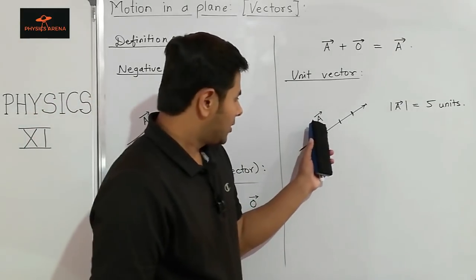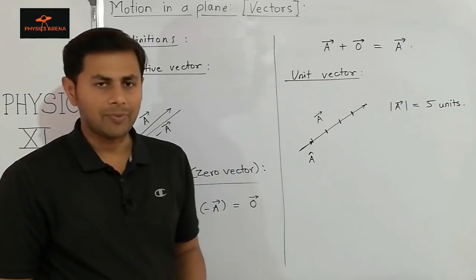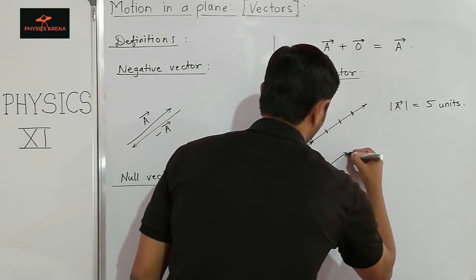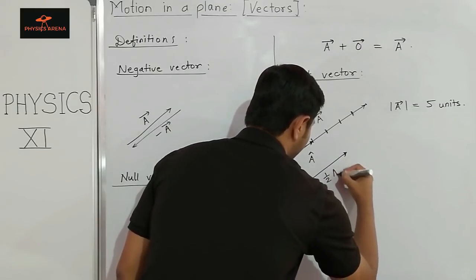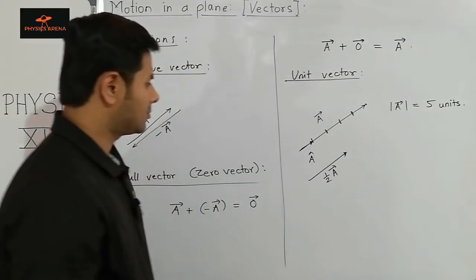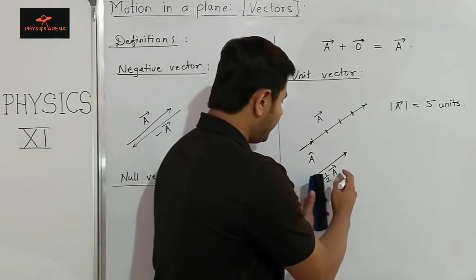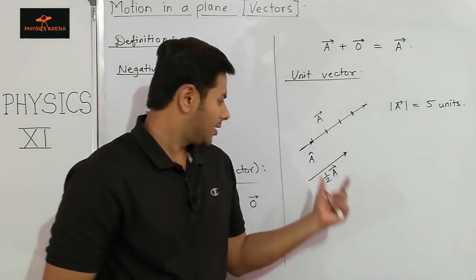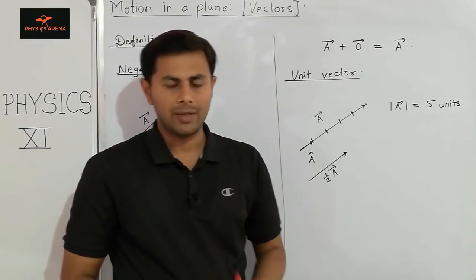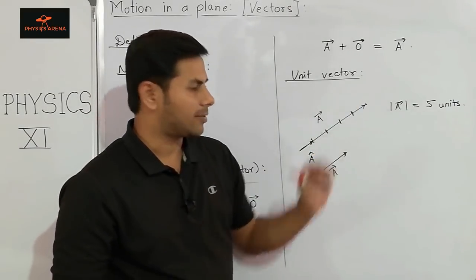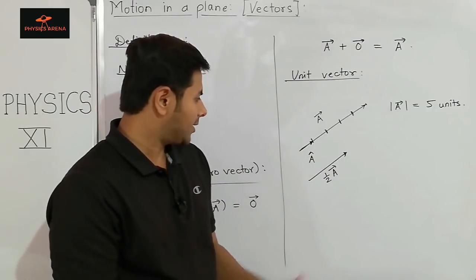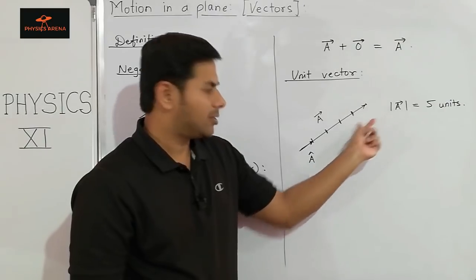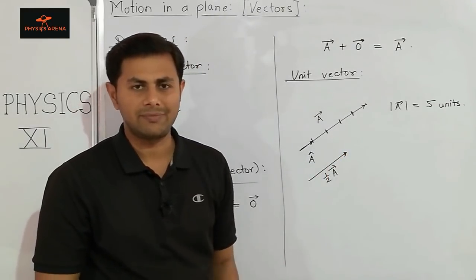Now given A bar, what will be half of A bar? It will be a vector having magnitude equal to half of A bar. So this is half A bar. If I multiply this half A bar by 2, that means I take half A bar and half A bar and add them, then I will get A bar. Similarly, if I take this unit vector and multiply it 5 times, I will get back this A bar.